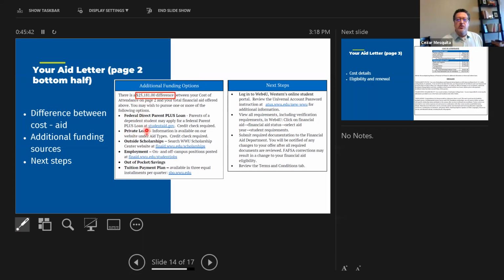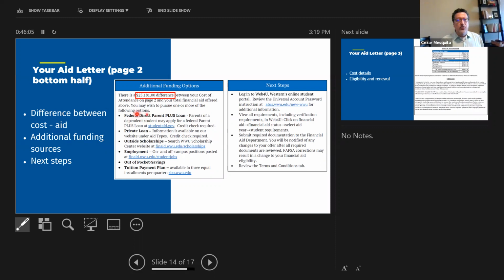Private loans and PLUS loans are ones that I oftentimes tell families to approach with great care, because for these two, a credit check is required. So if you're a family that has solid credit, great, you can apply for these and there will be an option for you. If you're a family that has struggled with credit, you may want to think about this very carefully and see what that would mean for you, because it is based on a credit check.